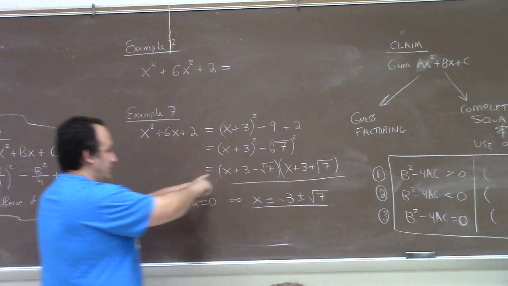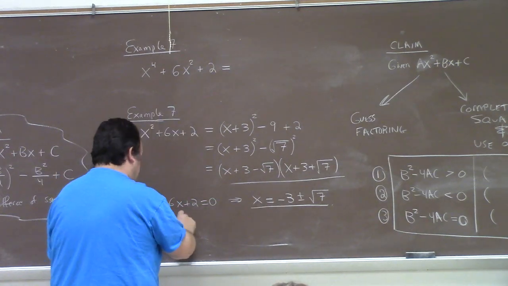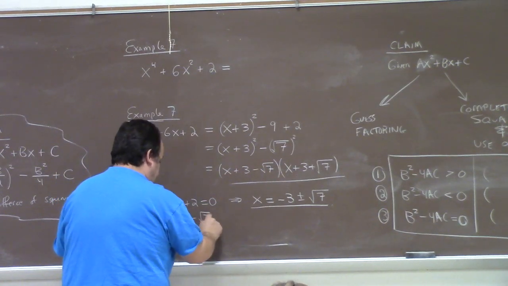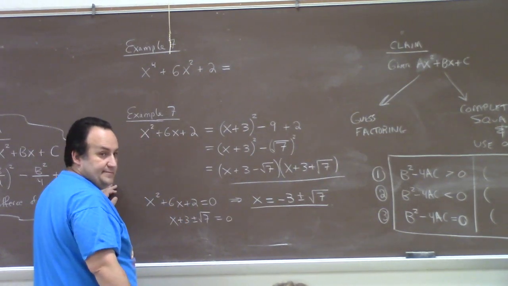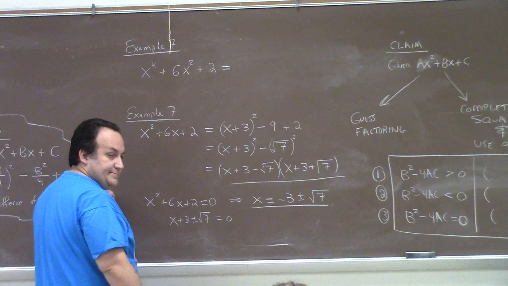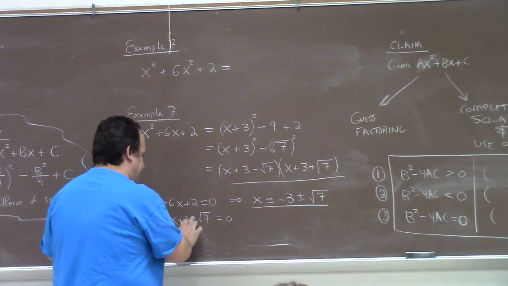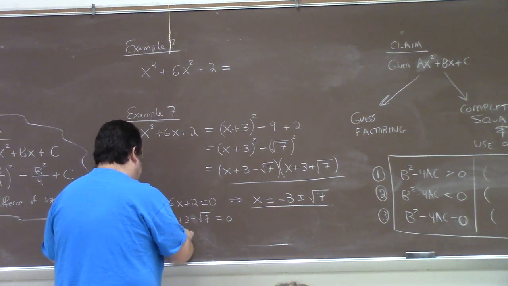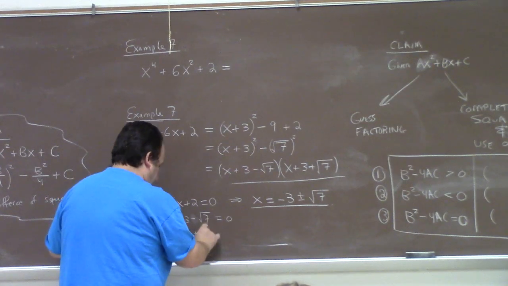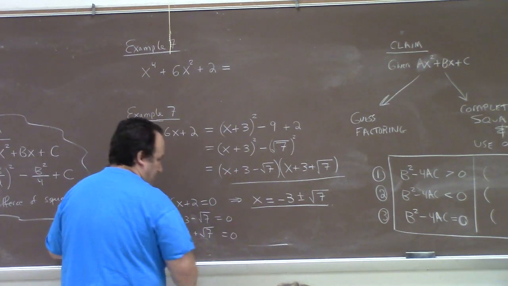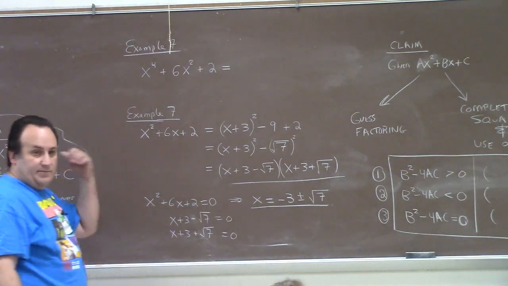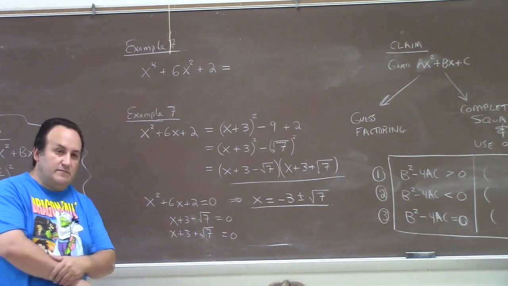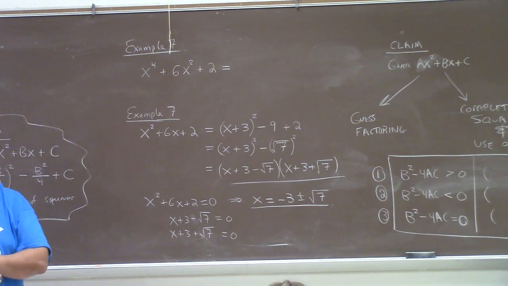Because for this to be 0, it means either x plus 3 minus the square root of 7 equals 0, or plus that equals 0. So when I solve for x, I get minus 3 plus root 7, or minus 3 minus root 7.